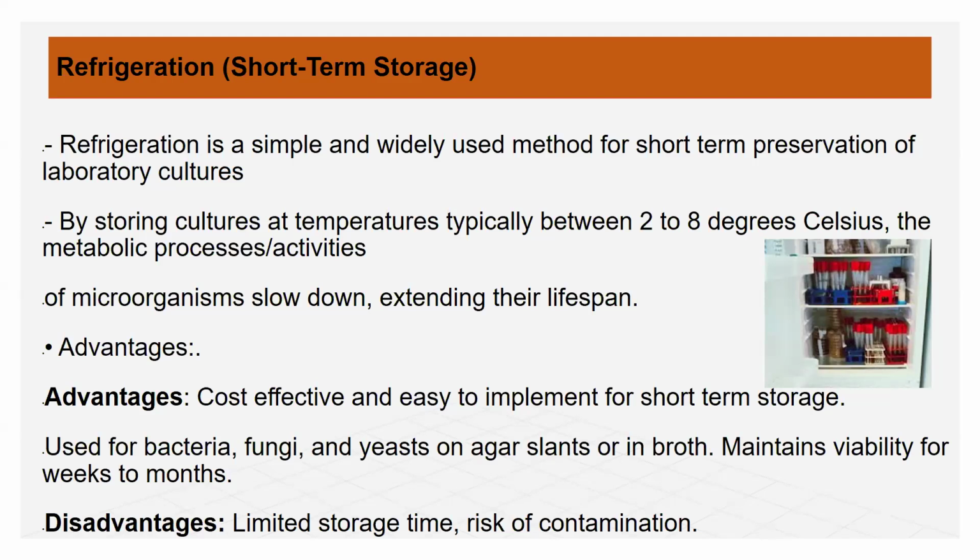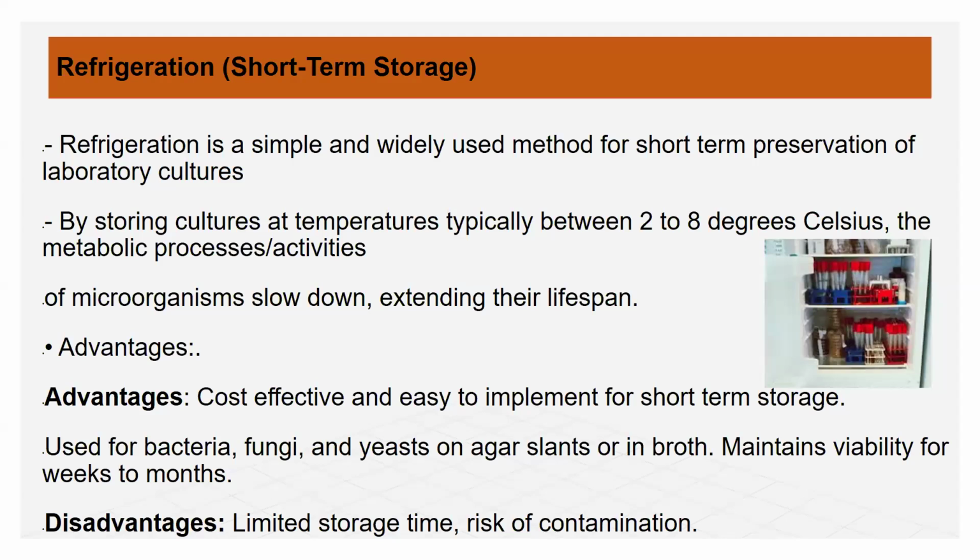So you store your cultures at temperatures where your fridge is typically between 2 to 8 degrees Celsius, especially in Nigeria where we don't have stable electricity. So the temperature of the fridge can vary. Usually for us around here, fridge temperature may be from 4 to 8 or 9 degrees.